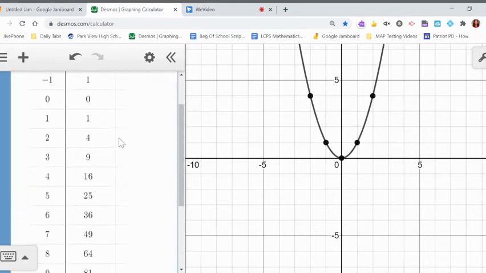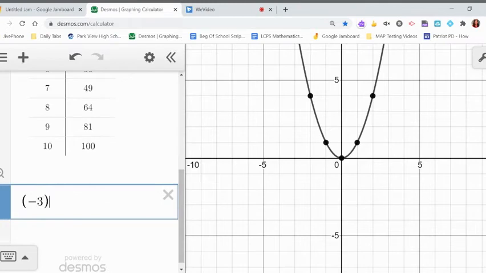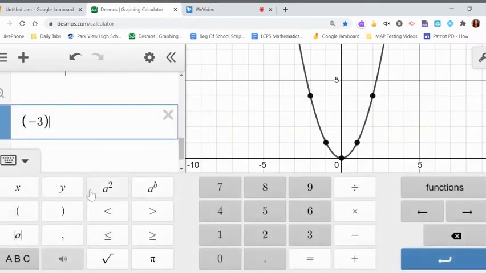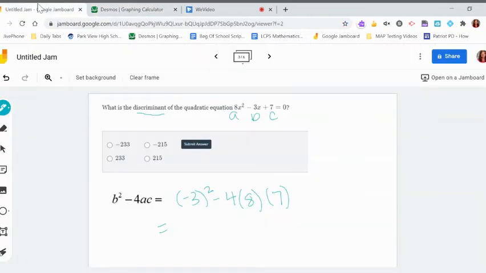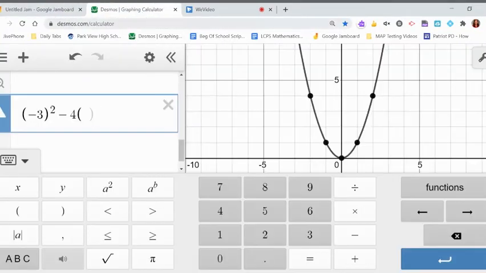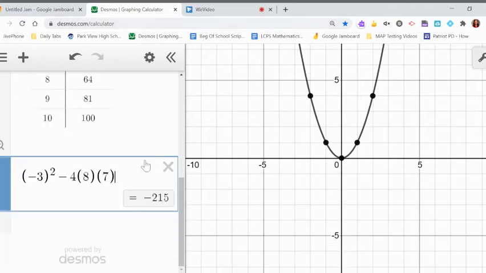I would keep this throughout your quiz, so you don't have to keep typing it in. So my b squared, negative 3 squared, minus 4. My a was 8, and my c was 7. Okay, I get negative 215.